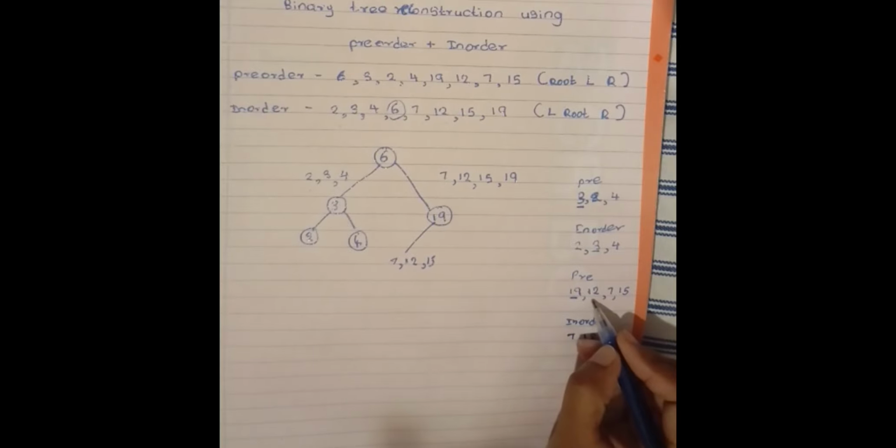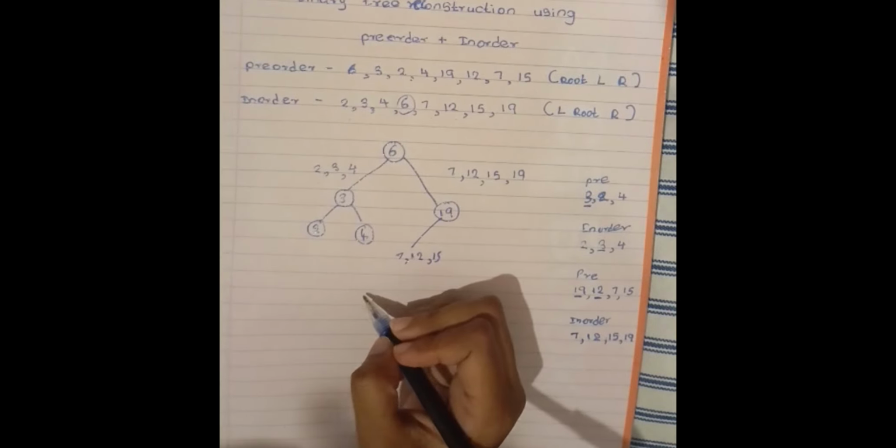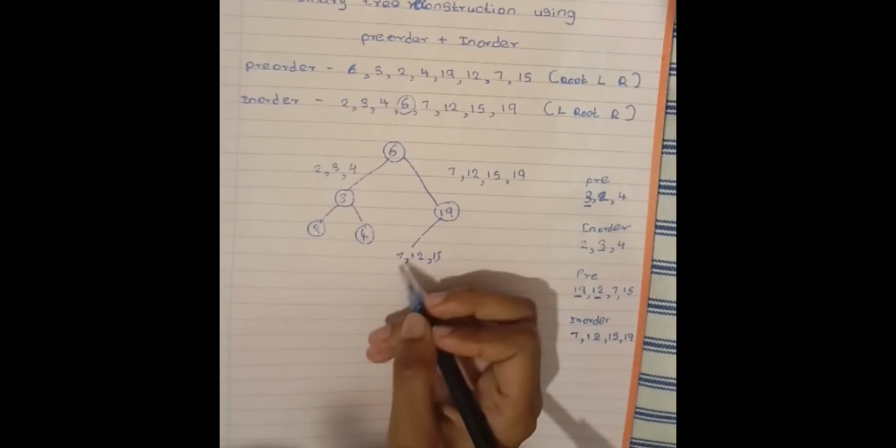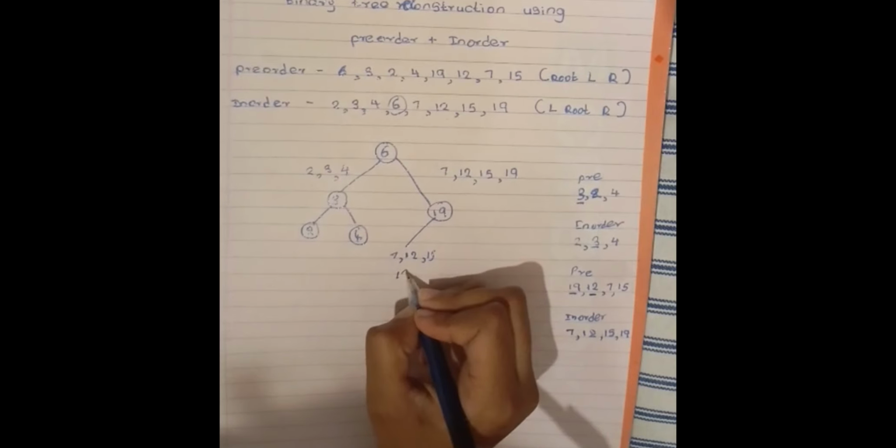And the next element in Preorder is going to be 12. So the root of the left subtree of 19 is 12.